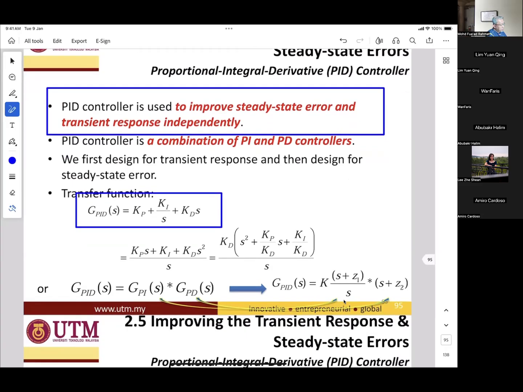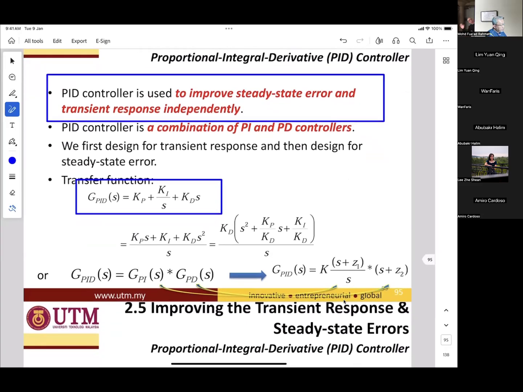So when we simplify and derive, it will become the standard second order PID, which is Kd at the outside, the derivative controller gain, multiplied by S squared plus the ratio Kp over Kd multiplied by S plus the Ki over Kd ratio.